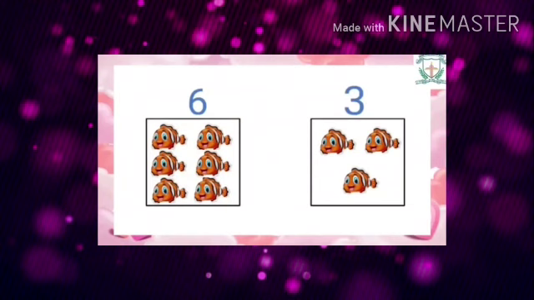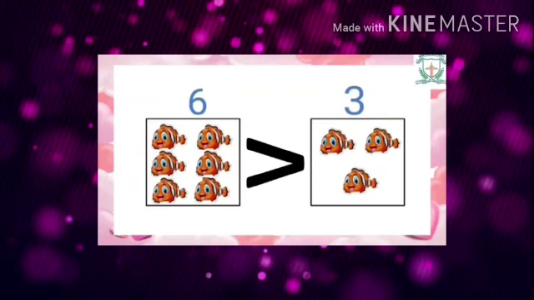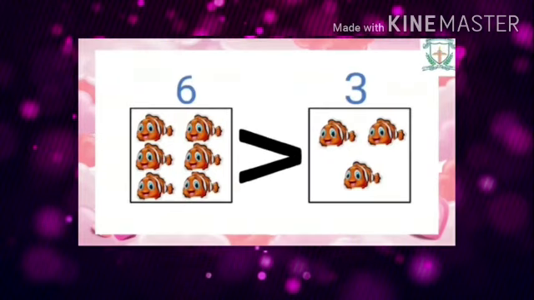So children, which is the greater number here? Yes, it is 6. Since 6 is greater, the crocodile's mouth opens towards 6. Therefore, we say 6 is greater than 3.